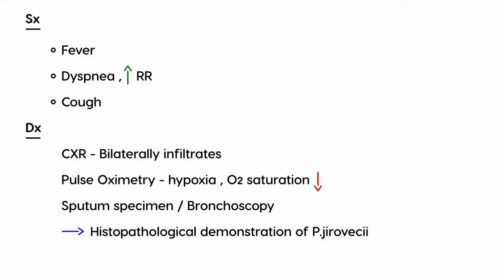And this organism has a special stain. It's called a methenamine silver stain. And this silver stain is used to show the organism. And what you see is these round cysts, and that will be characteristic of the organism.